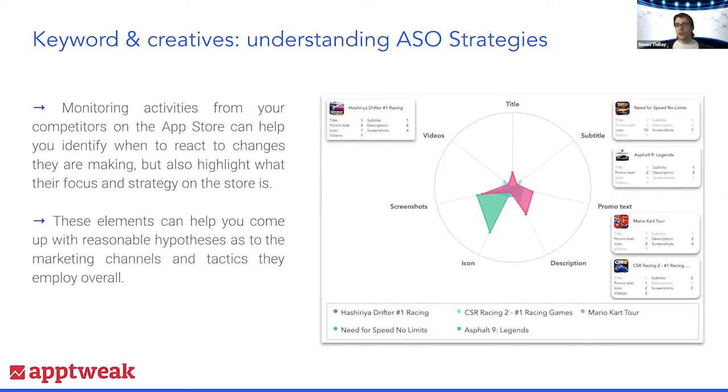The impact on conversion can change quite much depending on what you are promoting. And in my experience, games tend to use promo text especially to promote live ops that they have. And so that tells me there might be more to learn from Hashiraya Drifter if you want to know what kind of live ops can be run in a racing game.